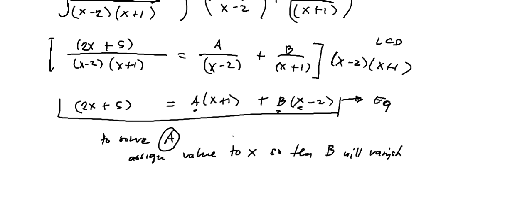Why do we need to do that? In order for us to simply have one unknown, because if we have one unknown, then we can solve for our constant A.